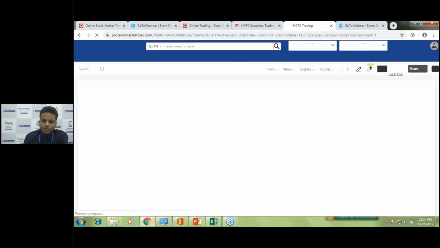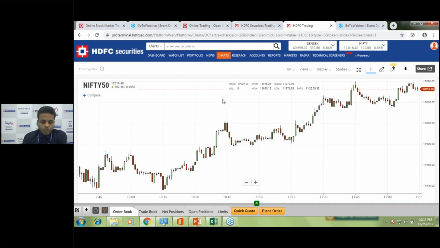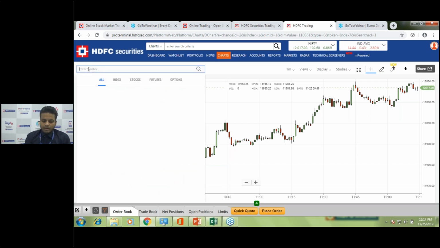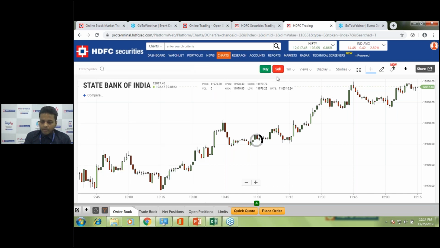On the left-hand side of Research, you can see Chart, and this will again open the chart for us. For the chart part, I have already shown you. By default the Nifty 50 will open up. In case you want to change it, just enter whatever stock name you want in the symbol. So let me go with SBI, State Bank of India, we selected.